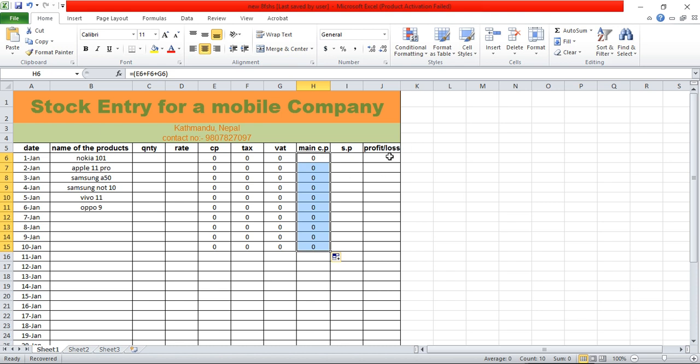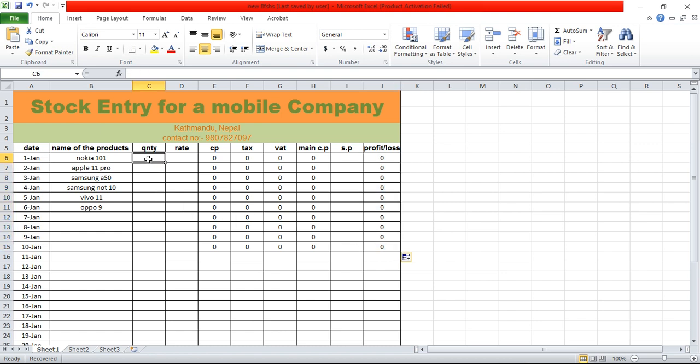But here is one simple way, if you prepare both in a single column, just mentioning the simple scenario: equals, bracket start, selling price minus cost price, then it will give you the answer, the answer of profit and loss. But this doesn't look professional or standard from any angle. Okay, let's see with one example.